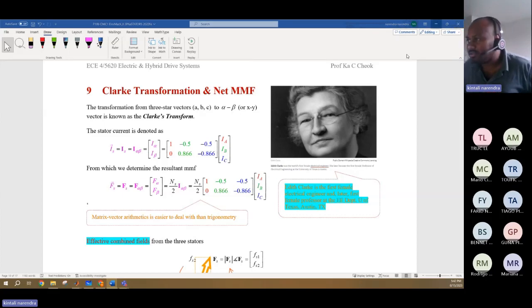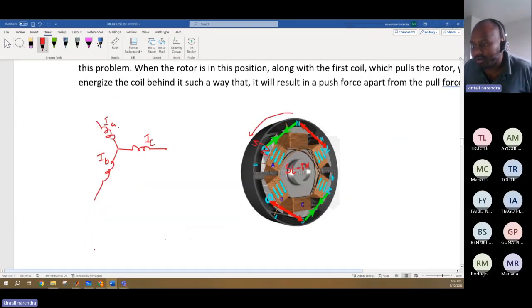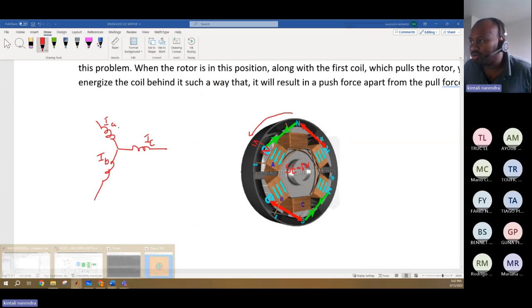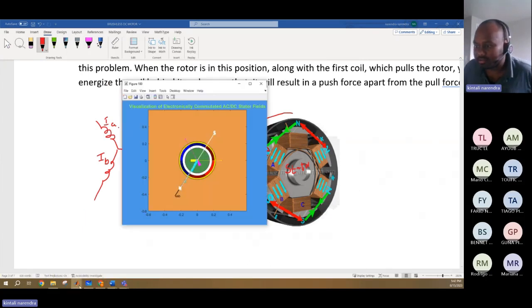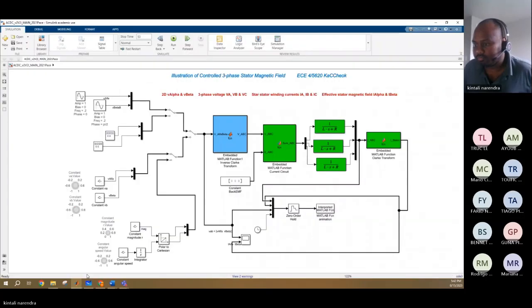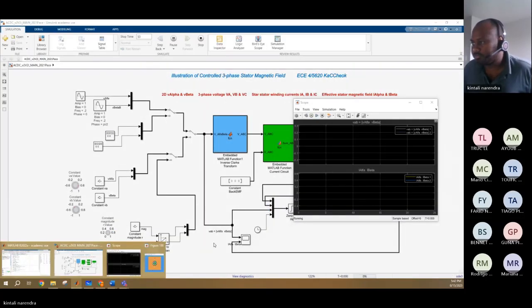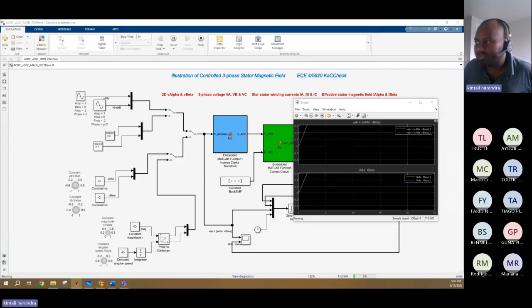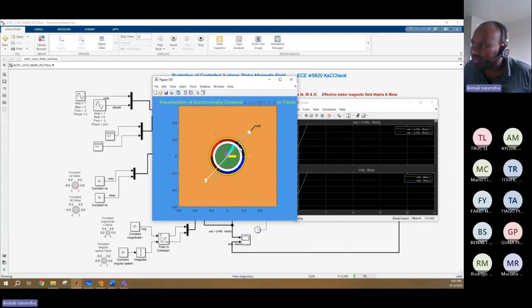This simulation will show you what that IS is, how the IS is changing.